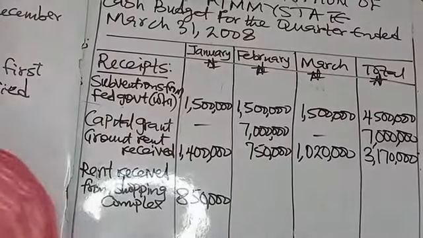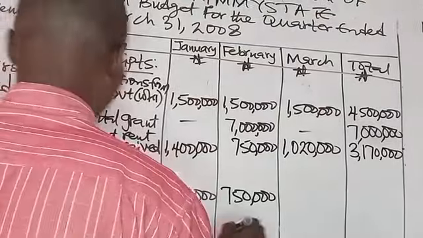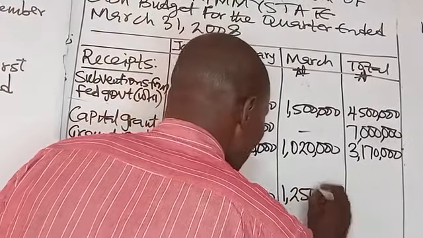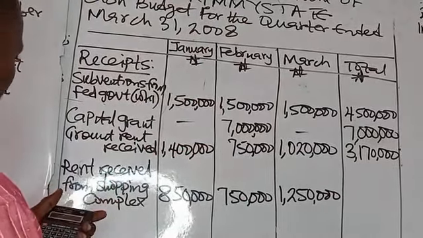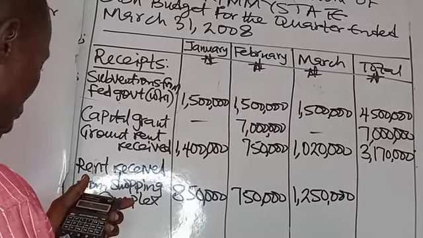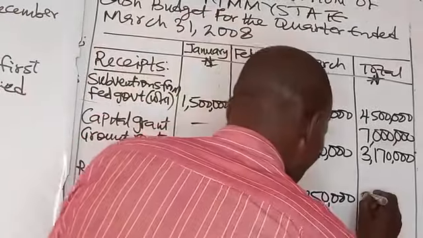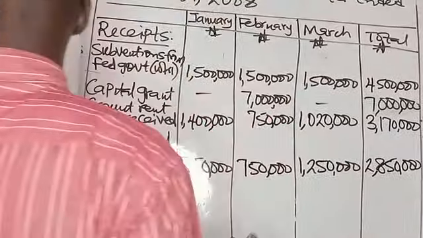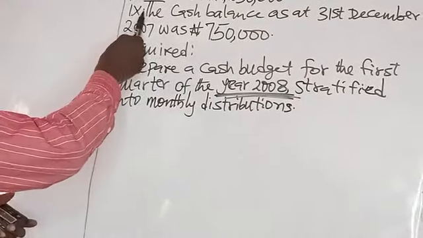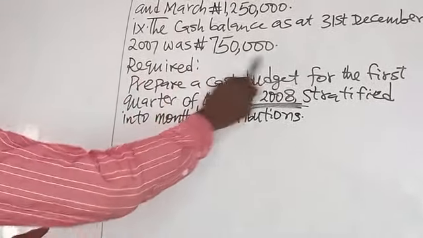In February, 750,000 was received. In March, 1,250,000 naira was received. Now, total 850,000 plus 750,000 plus 1,250,000 is 2,850,000. Then note 9. The cash balance as at 31st December 2007 was 750,000.